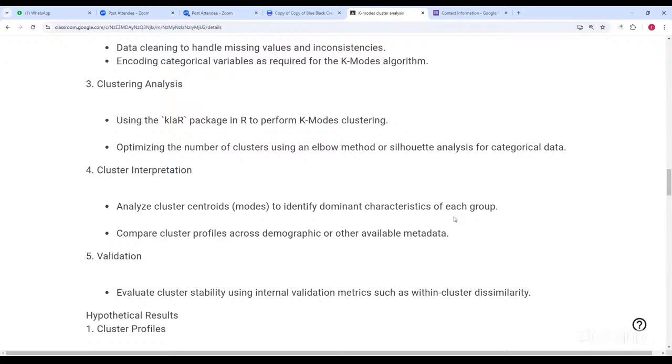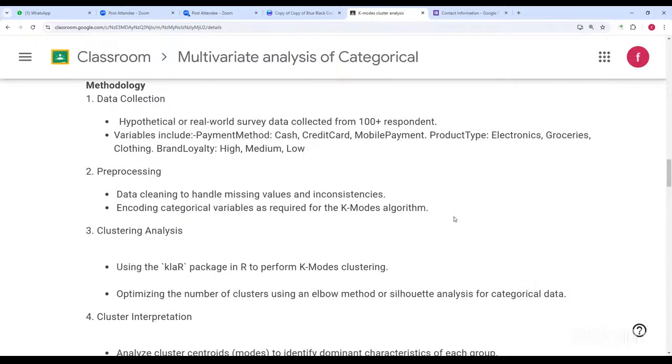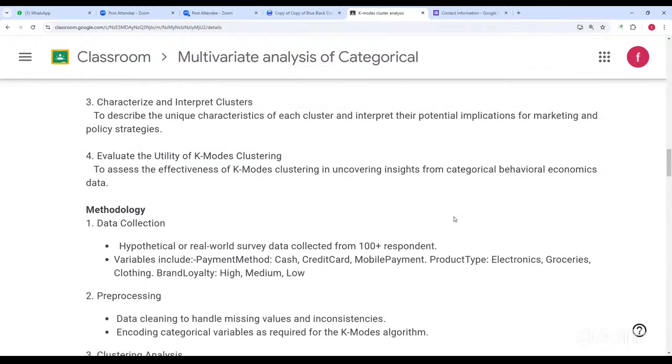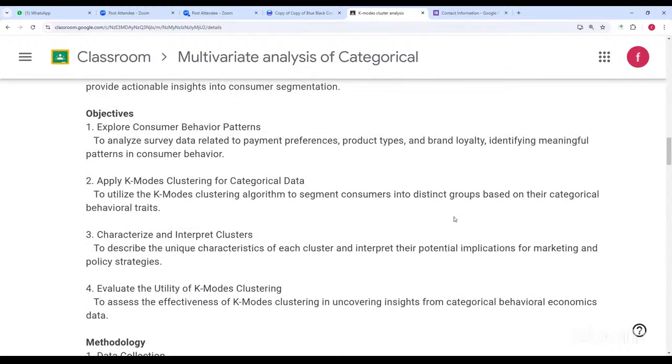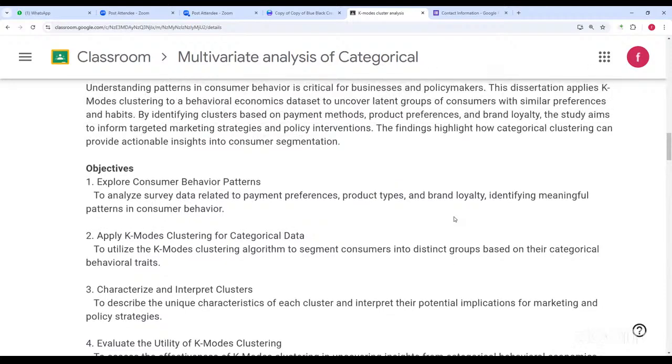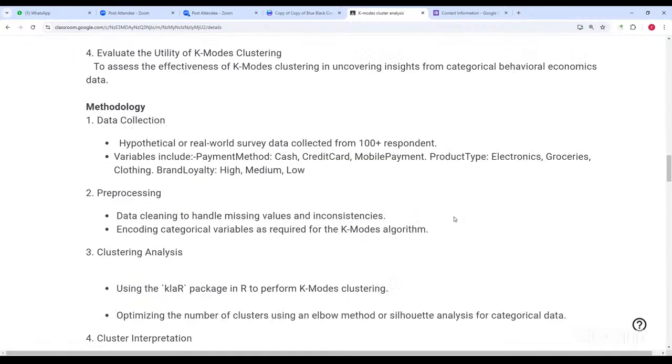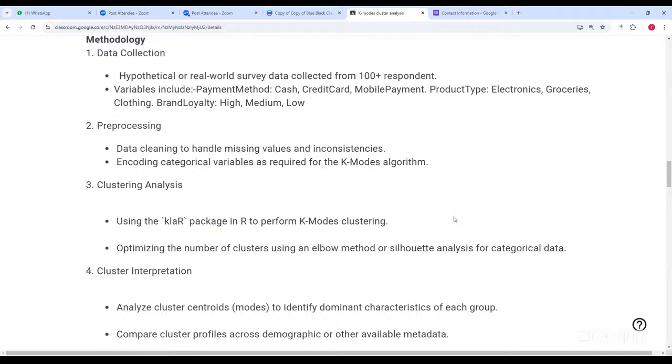Now credit card, mobile payment, product type, electronics, groceries, clothing, all the issues are there. So these are the variables.